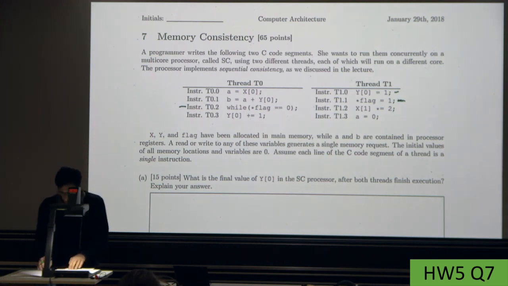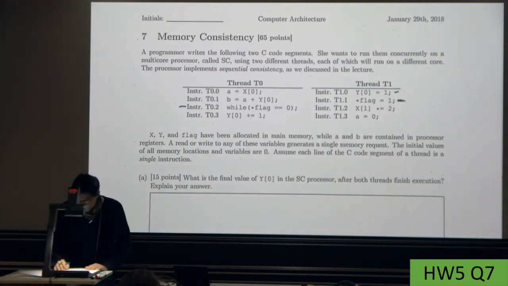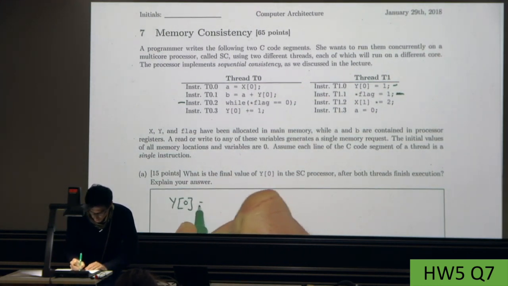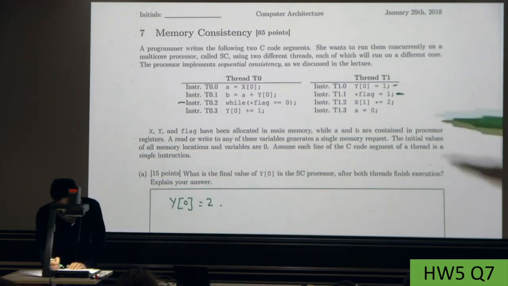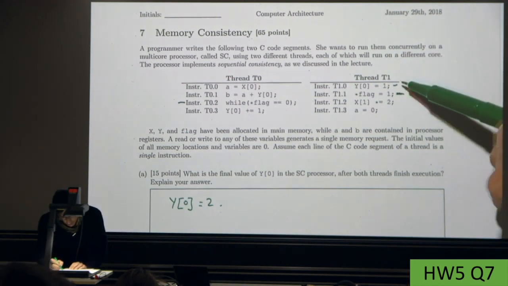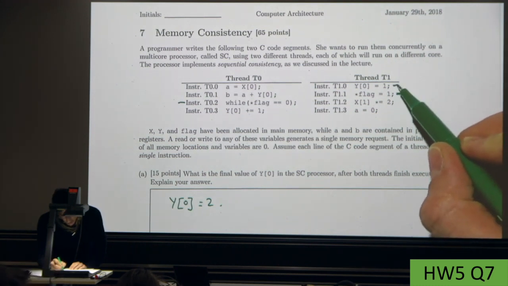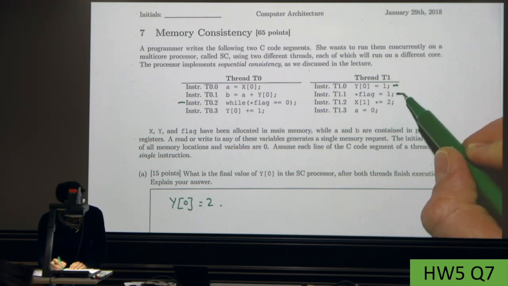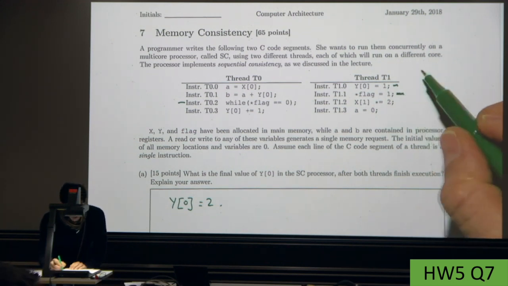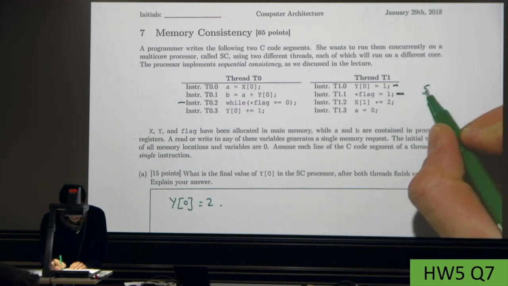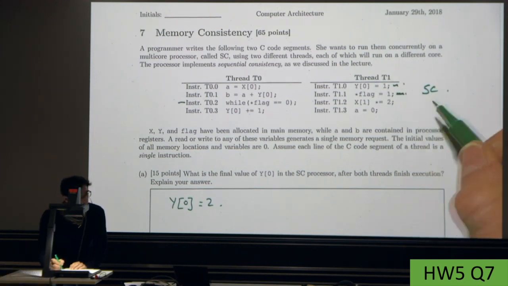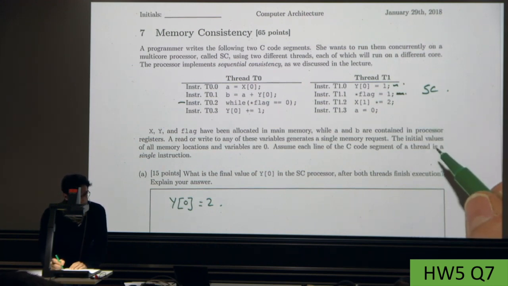and continue to the execution of T03. So if we take these things into account, we will see that the final value of Y0 is equal to... And why is that? Because in the very beginning, T1 initializes that position equal to 1 and then sets the flag. And because this is a sequential consistency processor, we can be sure that this flag update will happen after this Y0 update.